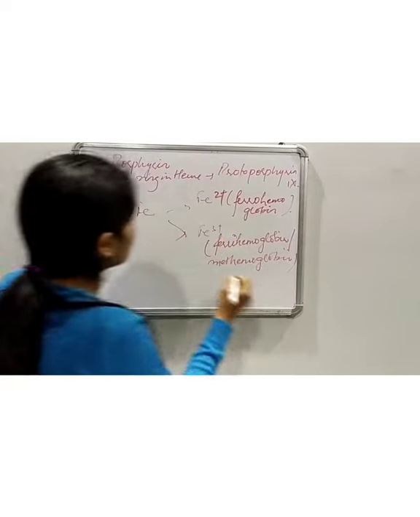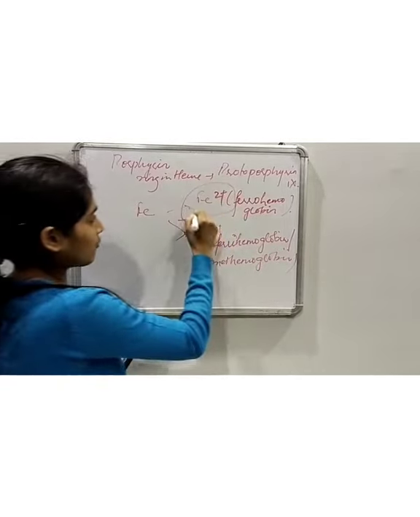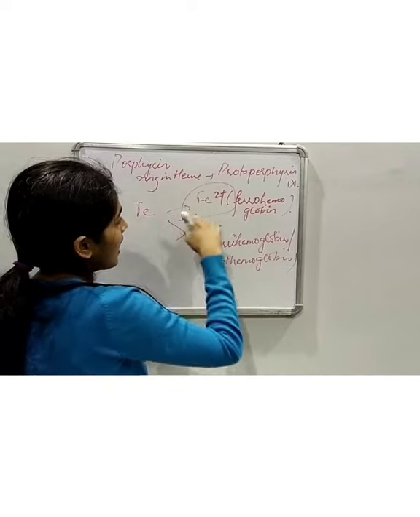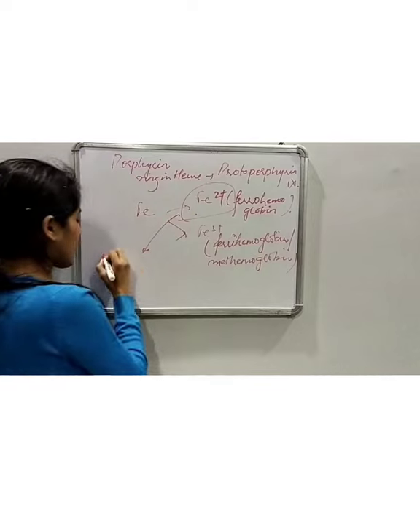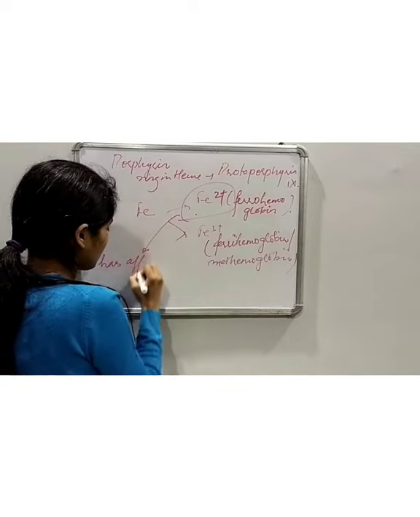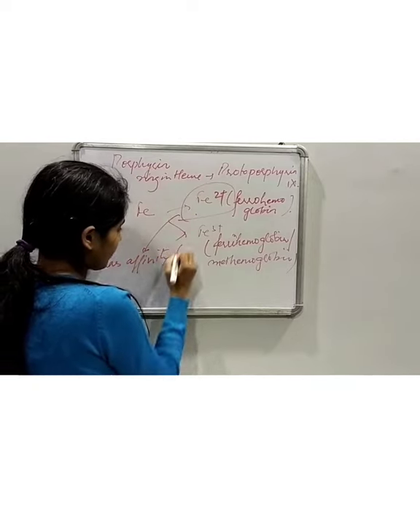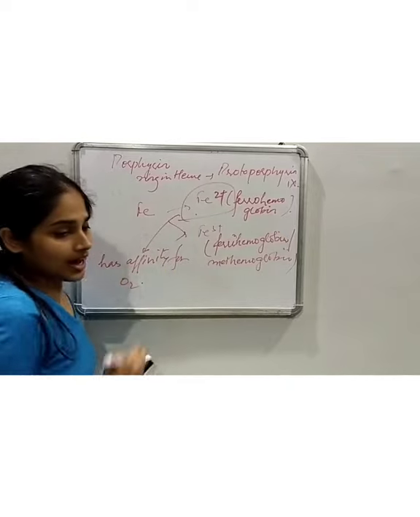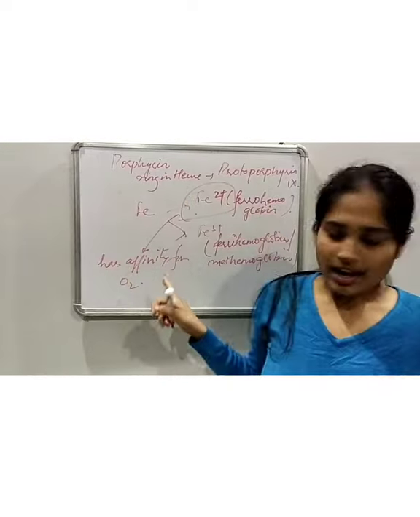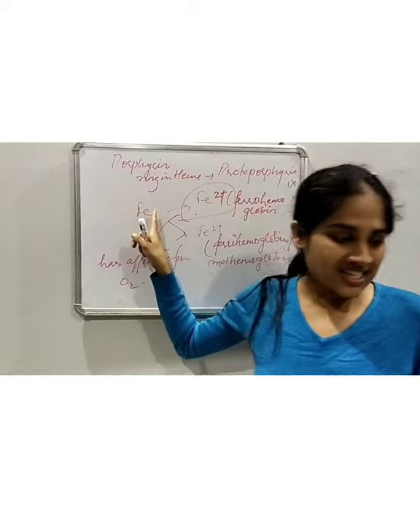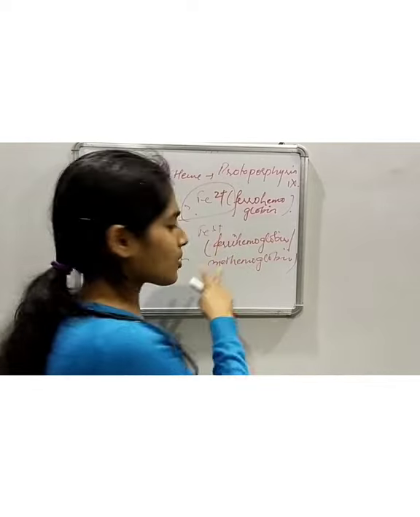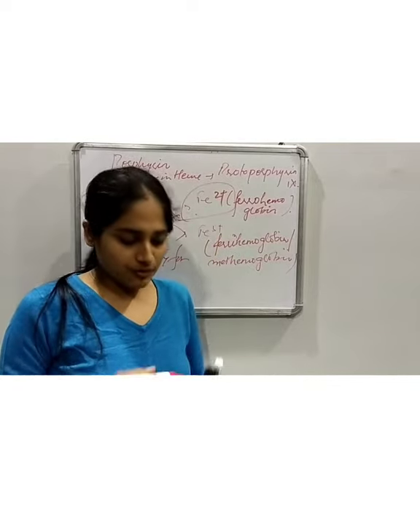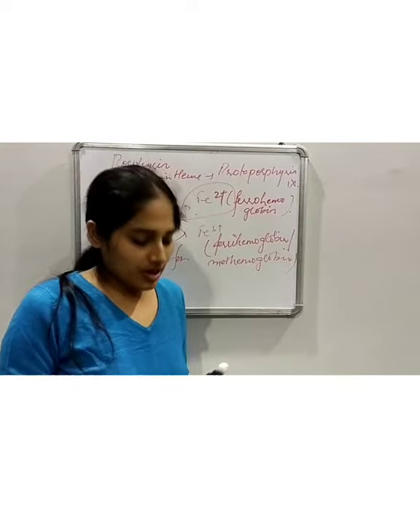When the iron is in the Fe2+ oxidation state, it has an affinity for oxygen, so hemoglobin with Fe2+ can bind to oxygen and transport this oxygen to different parts of the body. Alright, so what are the functions?